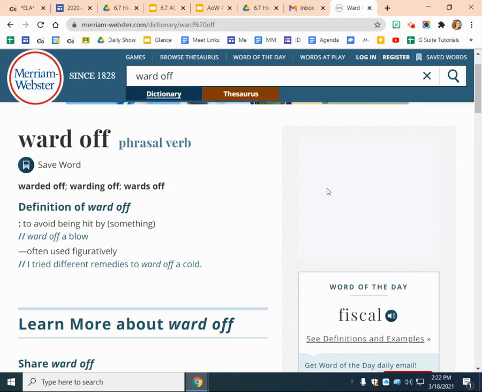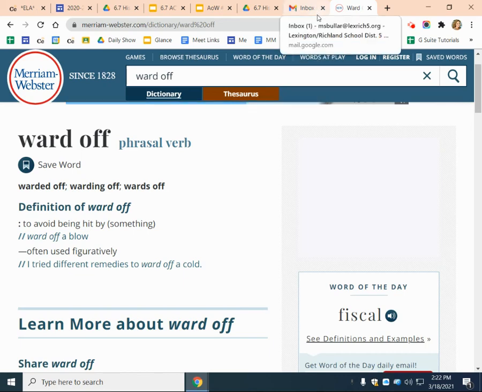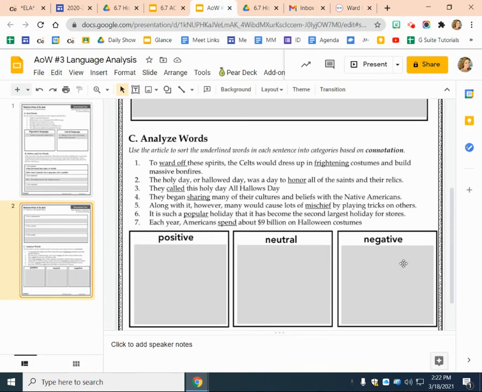In the article, it was talking about how the people would ward off the evil spirits by dressing up in those scary costumes. So ward off, and you have to decide whether you think it's positive, negative, or neutral, and you put it in the appropriate box. Do that for all the underlined words, and then you are done with this assignment.